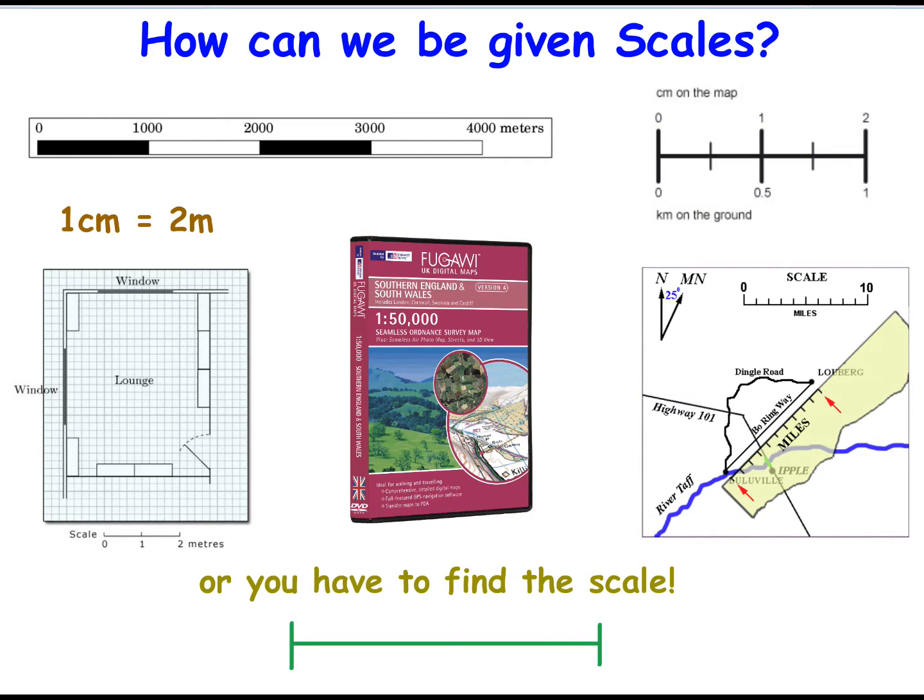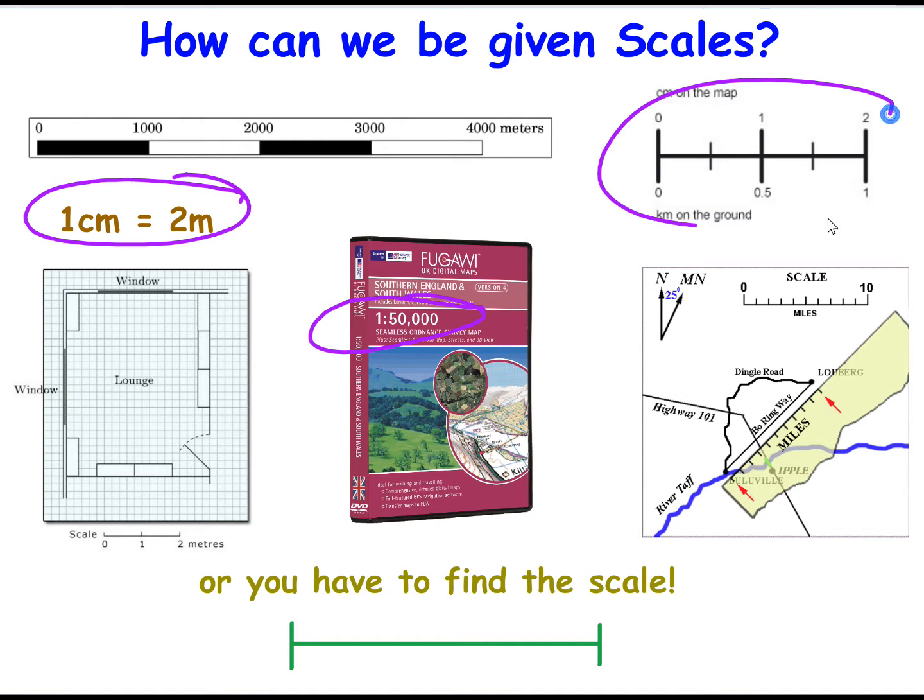So all of these things that represent scales are just ways of giving you the strap line for a ratio that you can then use to do your conversion to and from the map, which we'll cover in the next video. So all of these things that we've looked at are just different ways of giving you a strap line on a ratio.